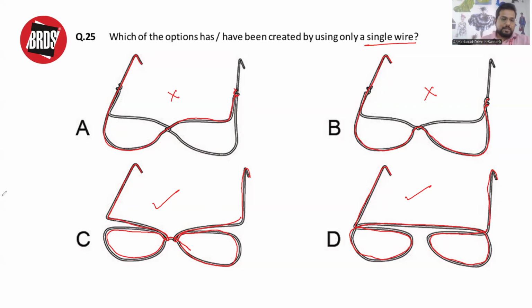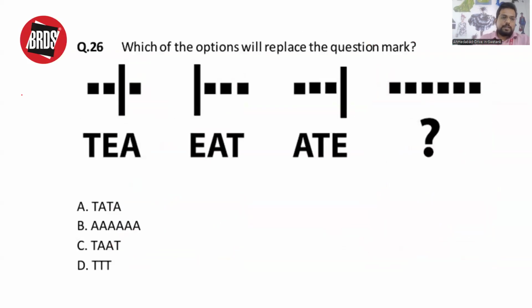Okay, now moving ahead to the very next question. Question number 26. A very, very good question of coding. Most of the students must have got B as an answer, or maybe A, C, or D as an answer.